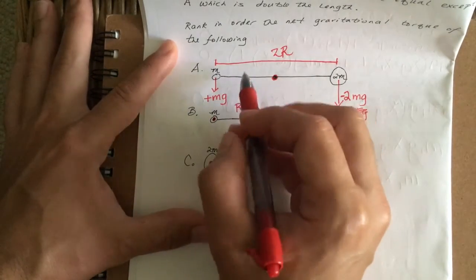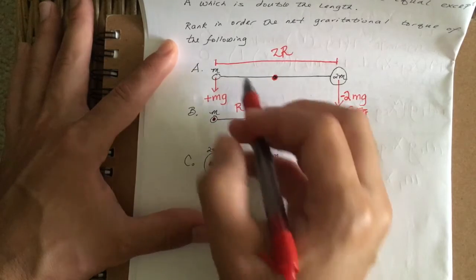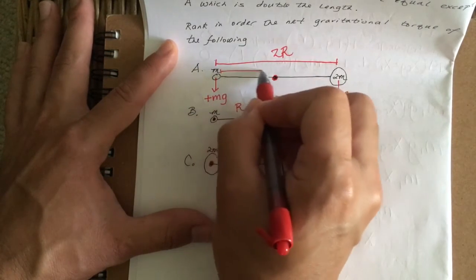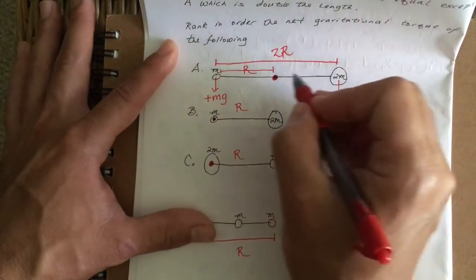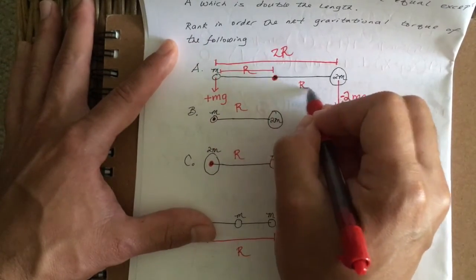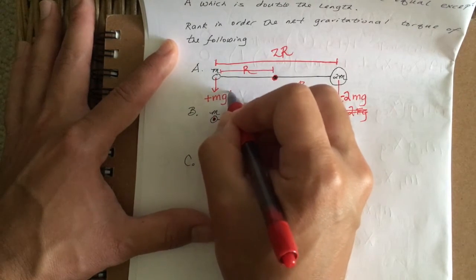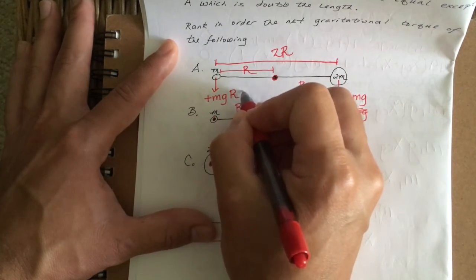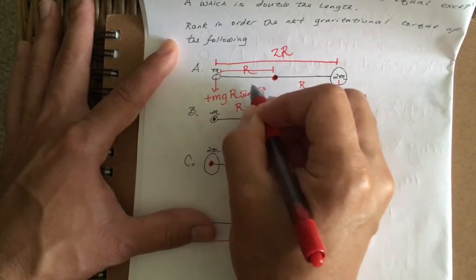First off, let's get the distance. Torque is a distance from the pivot, so we need this distance right here, which you should be able to see is just r, and this distance right here is also r. So it's going to be mg times r times the sine of 90, which we know is just 1.